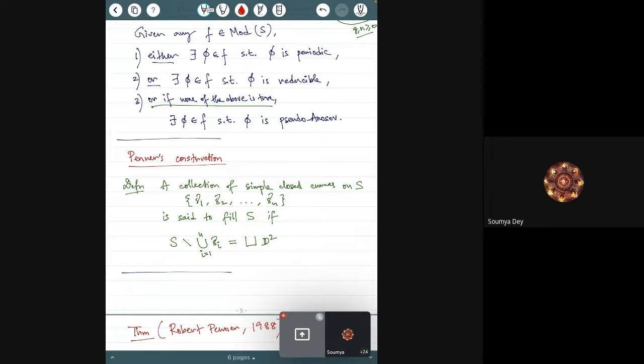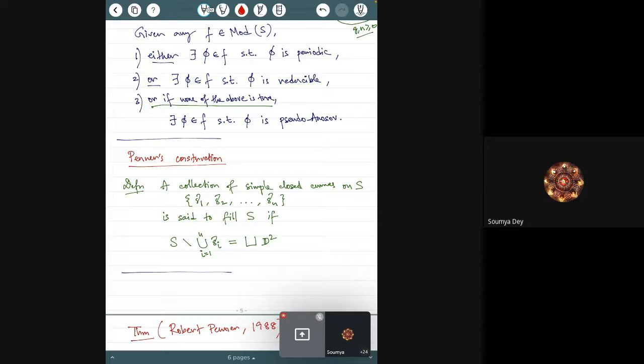For that we need one definition. I have already mentioned this notion of filling curves. Let me again repeat. You have a surface S, and a collection of simple closed curves on your surface S, say gamma 1, gamma 2, up to gamma n, some finitely many curves.